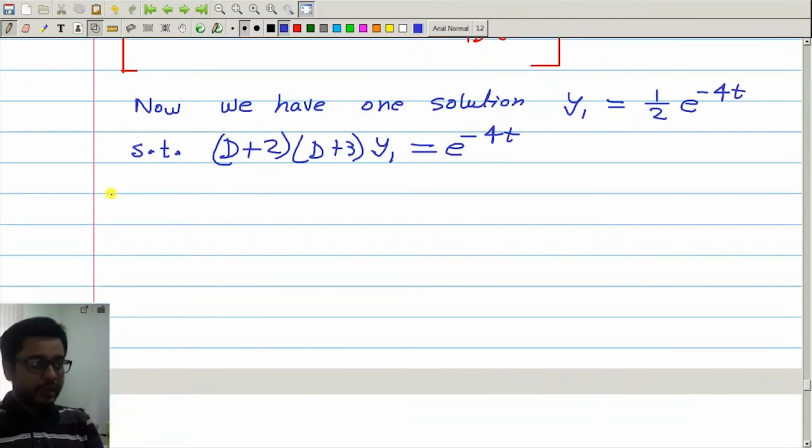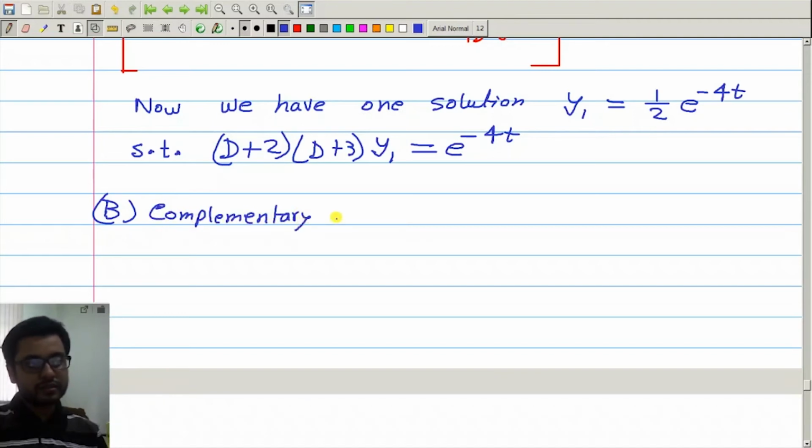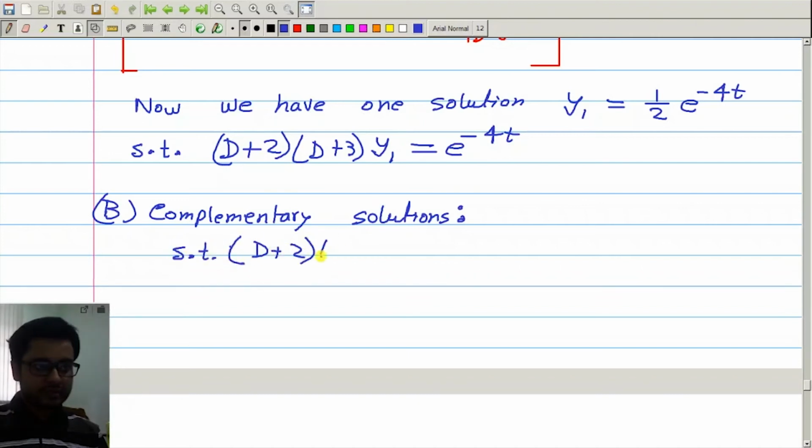Now in step 2, we will find all complementary solutions, such that this operator acting on the complementary solution, say y0, gives 0.